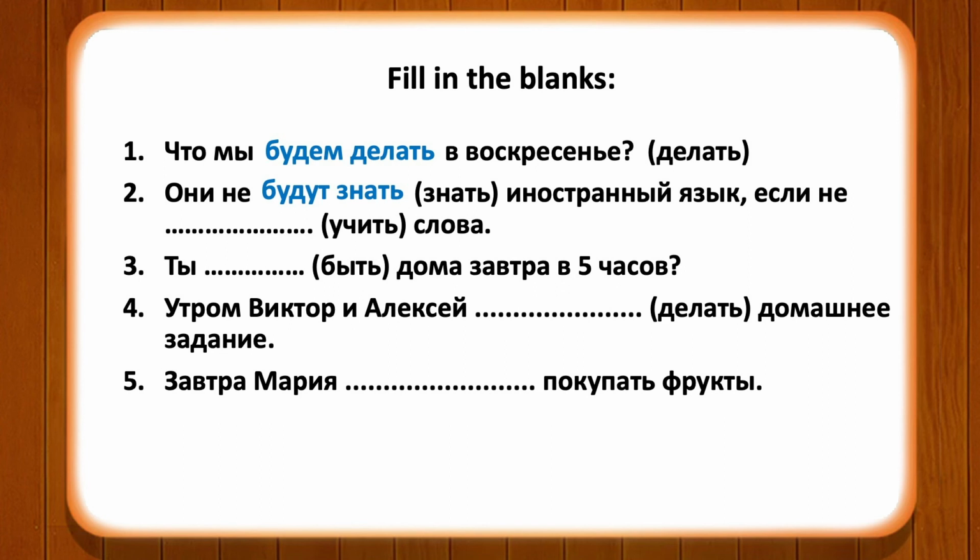So, если не будут учить слова. The sentence means they would not know a foreign language if they don't learn the words. So, они не будут знать иностранный язык, если не будут учить слова. In both places, the auxiliary verb быть is conjugated according to the pronoun они, followed by the respective verb in the infinitive form.